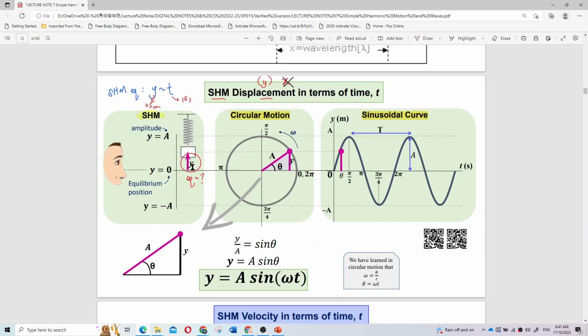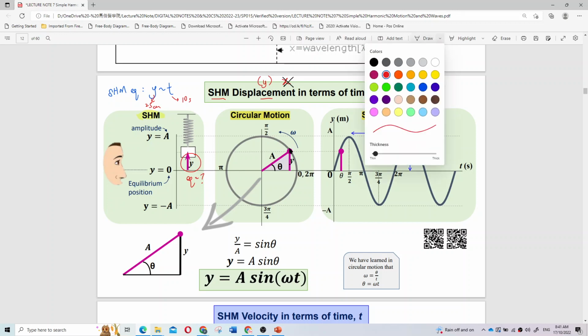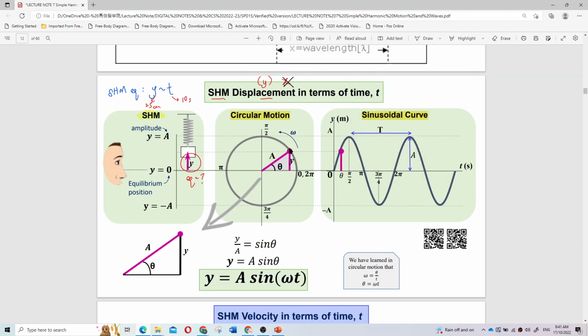Maximum displacement is the amplitude. So it is related to this circular motion. As I said just now, this radius is actually the amplitude, because when the object has reached this point, sorry, let me draw.